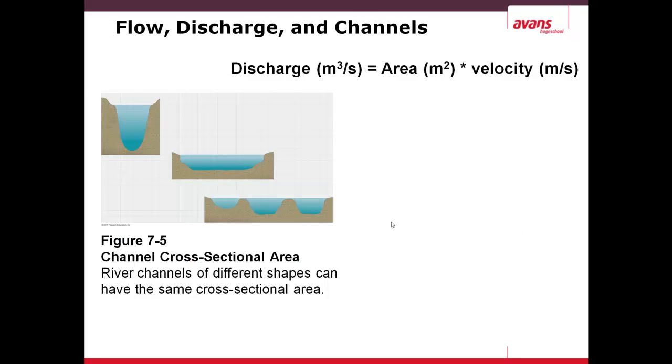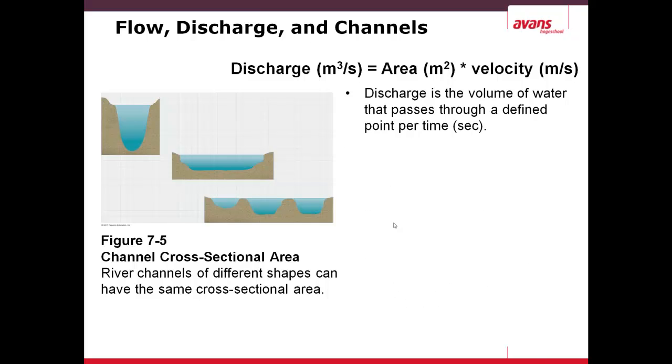Flow, discharge, and channels. Discharge is calculated as cubic meters per second, which is to say, area or cross-section times the velocity of a river. Discharge is the volume of water that passes through a defined point per time, in most cases seconds.